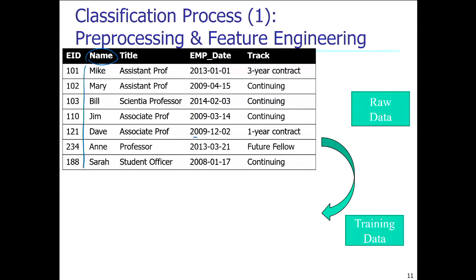Do you think name will actually have anything to do with whether you will have a tenure or not? No, right? Anybody says yes? Yeah. Okay, so that's what I want you to think carefully.